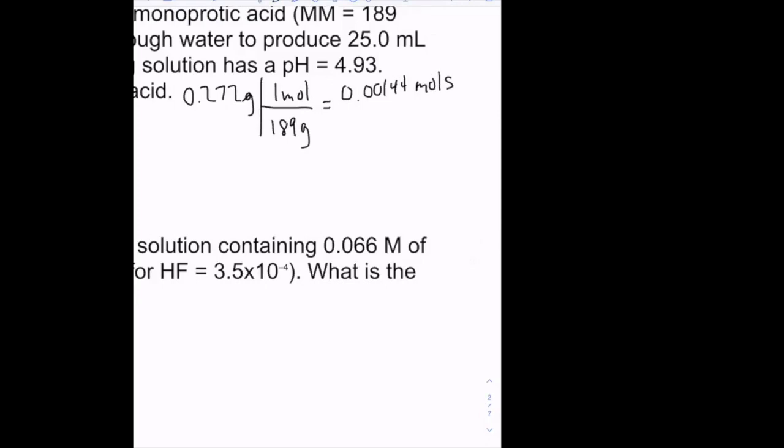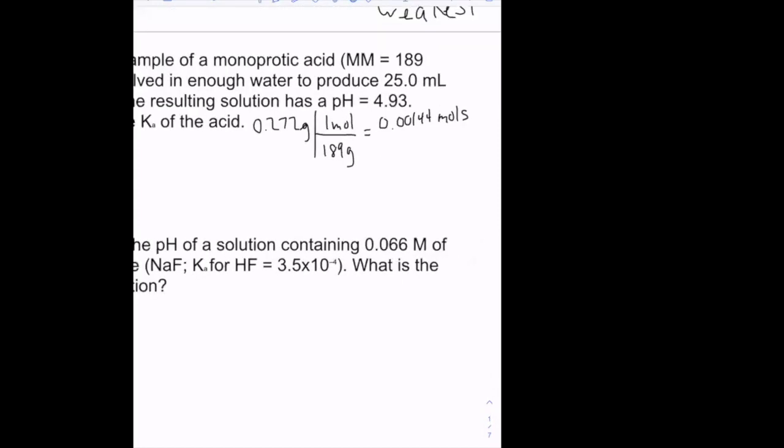And then the next thing that we have to do is, once again, for any of these problems, we've been converting to molarity, not just number of moles. And so what I'm actually going to do is divide this number of moles by the volume in liters to get to molarity.